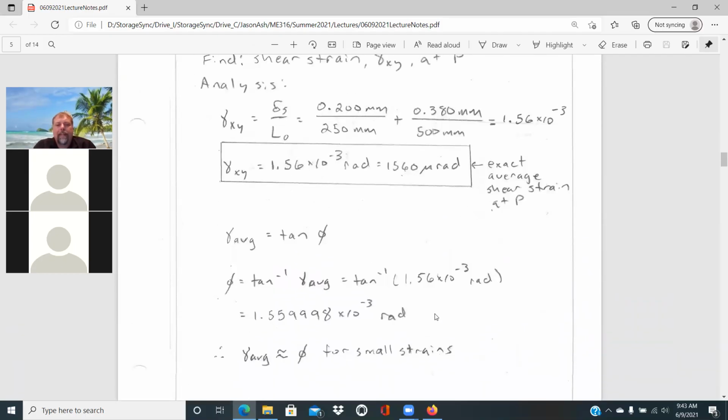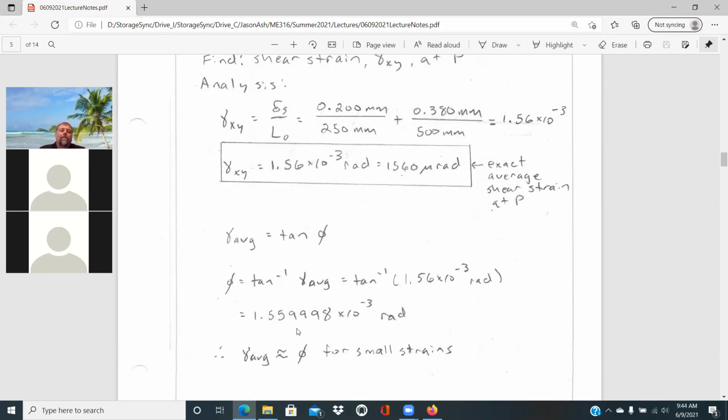If we were to look at that in terms of just the angle alone, the average shear strain is equal to tangent of phi. So phi would be equal to the inverse tangent of gamma average, which gives an angle of 1.559998 times 10 to the minus third radians, which is fairly close to the 1.560.